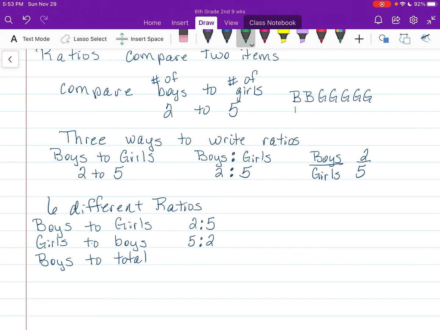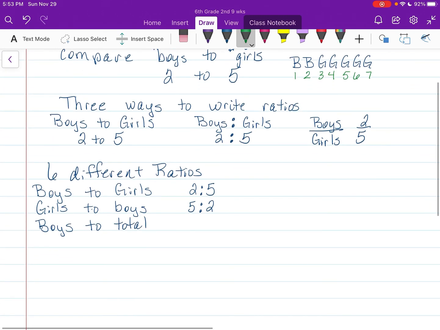So we would have 2 boys out of how many? Yeah, 7. There's 7 people in that ratio. 2 boys, 5 girls. You could have also just said 2 plus 5 is 7. So our boys to total ratio is 2 to 7. So just like we can say boys to total, we can also say girls to total.